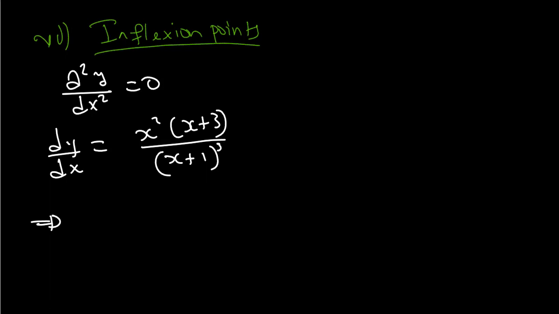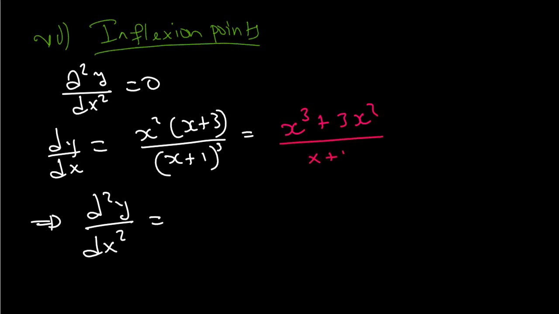So the second derivative d2y on dx squared will be equal to, let's write this in expanded form, x cubed plus 3x squared divided by x plus 1, all of that cubed.